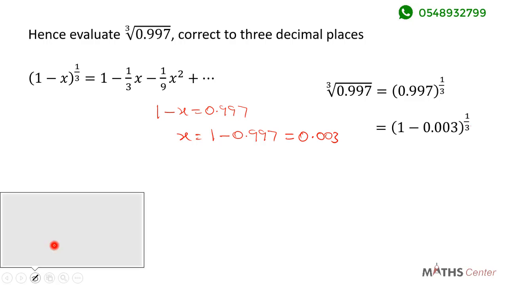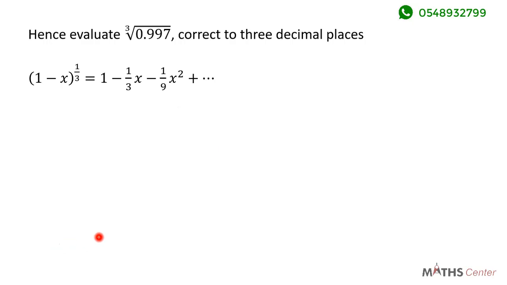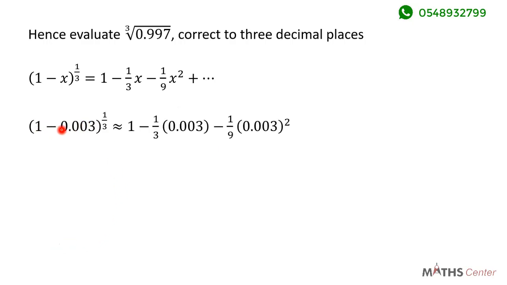Let's do that. When we do that, we are going to have 1 minus 0.003 exponent 1 divided by 3 is approximately 1 minus 1 divided by 3 times 0.003 minus 1 divided by 9 times 0.003 squared.